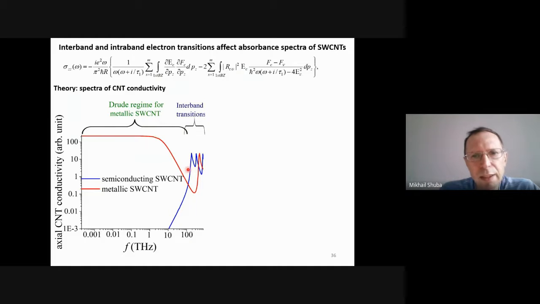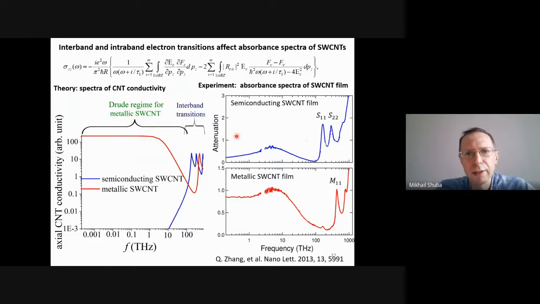And in the near-infrared and visible parts, the interband transitions produce several resonances. And on the right side, you can see the experimental results for optical density of carbon nanotube films.